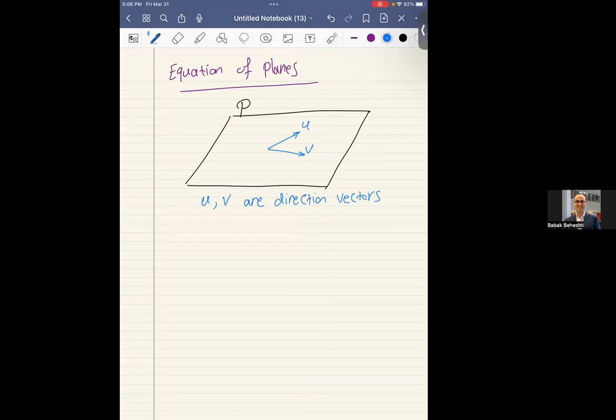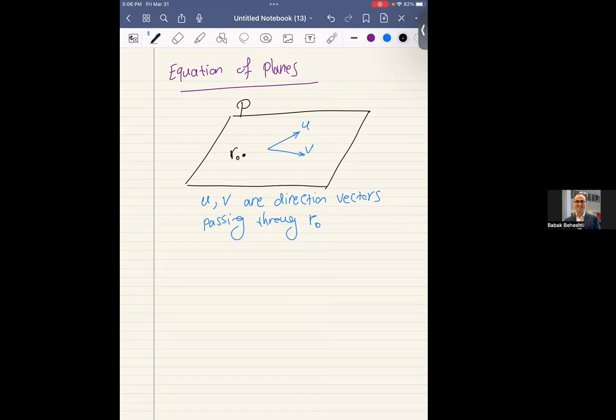And assume that R0 is just a point on the plane P. So we want to find the equation of a plane with u, v direction vectors passing through R0.